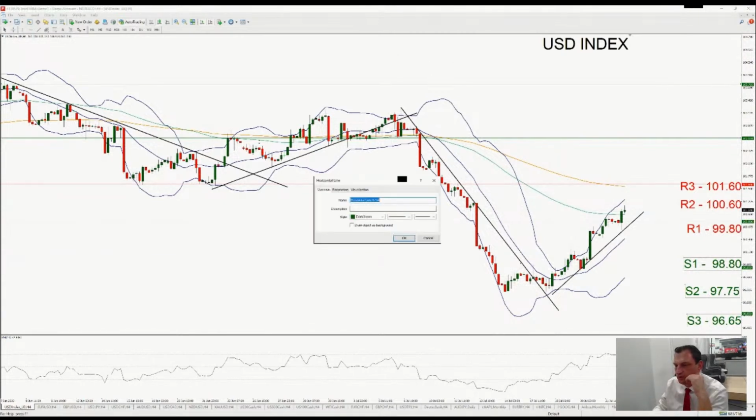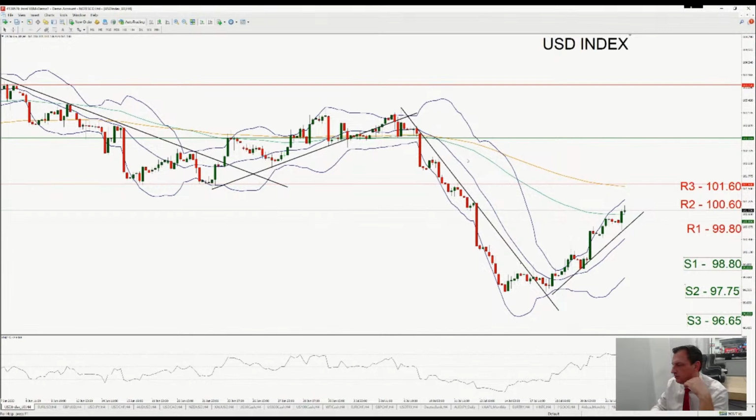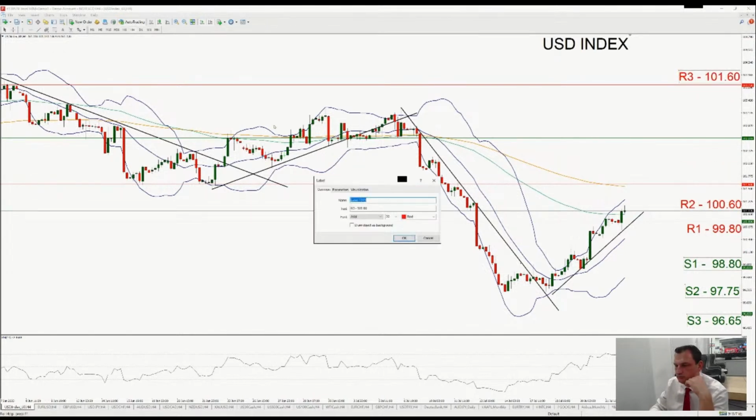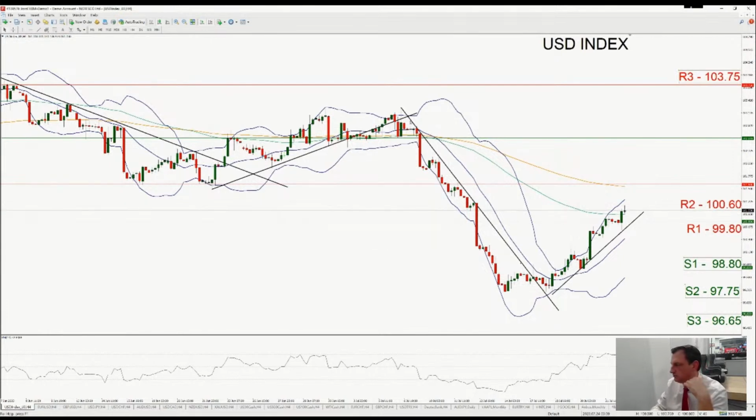Starting with the R3, which should now be in red, it's the 103.75. Let's place the label. Then we're going to the R2, which is now being placed at 102.60 in red, please.